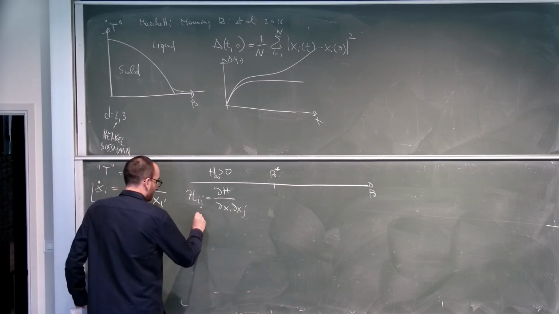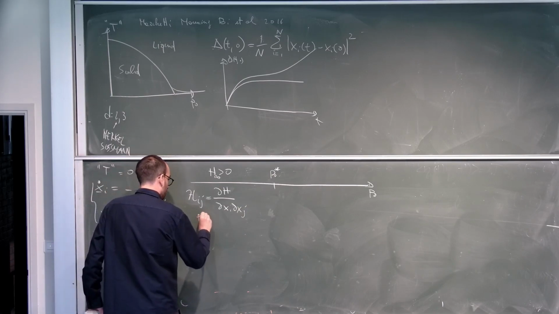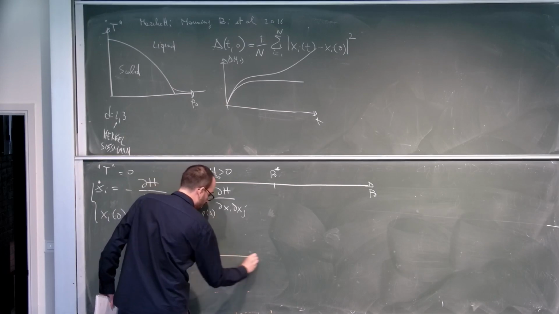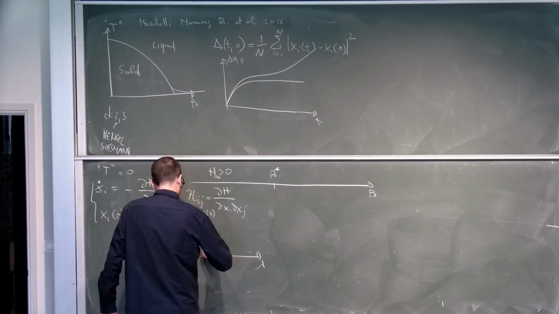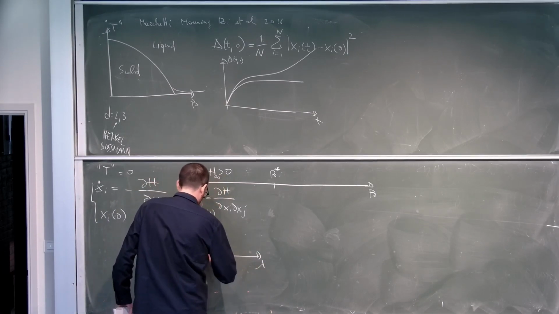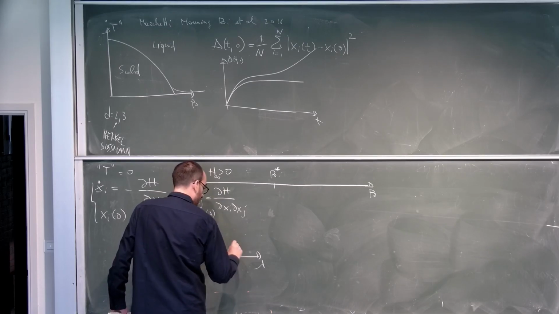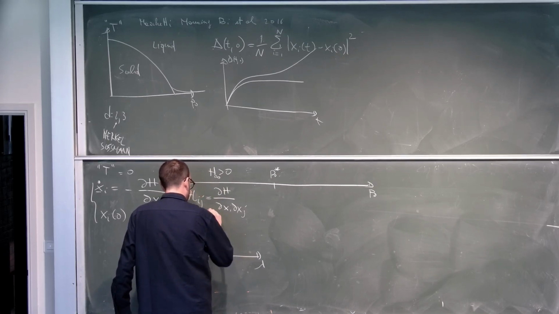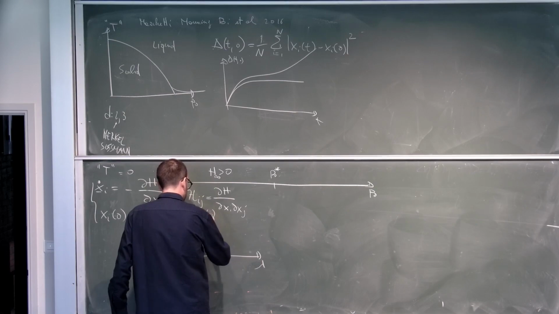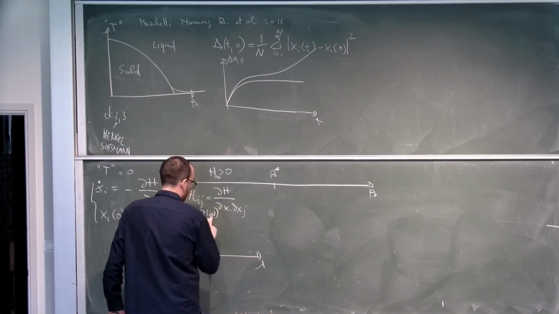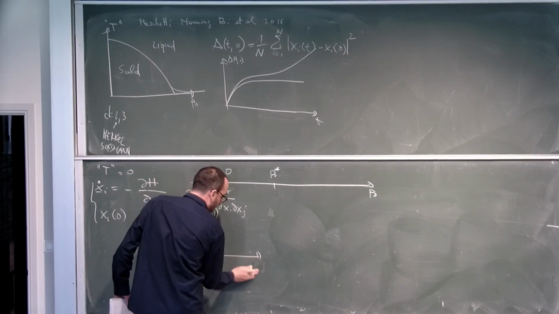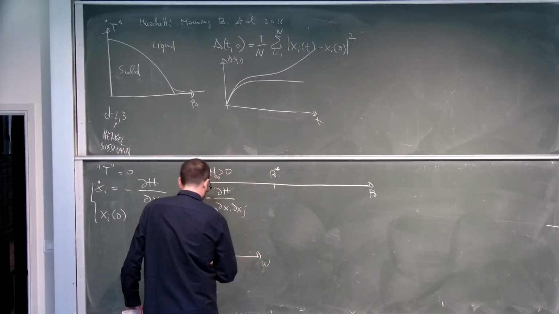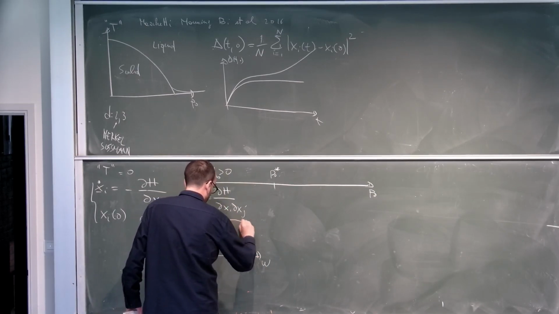And the spectrum has some shape. Let's do the density of omega, where omega is the eigenfrequency. In a log-log plot, it looks like something like this.